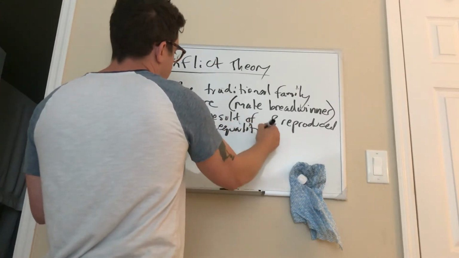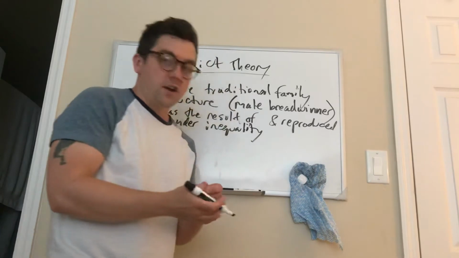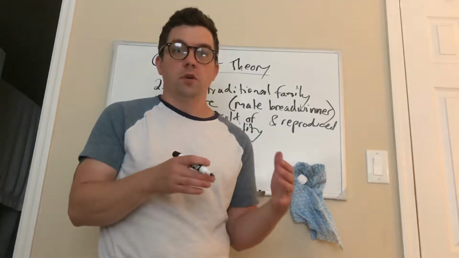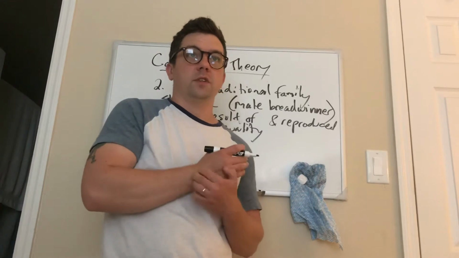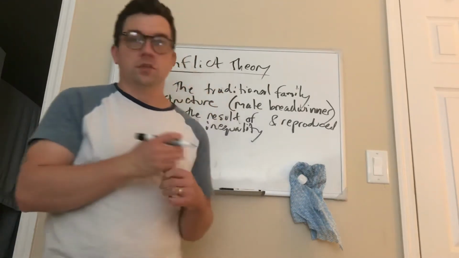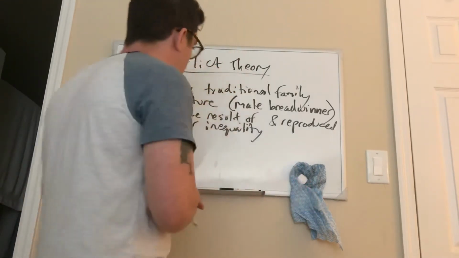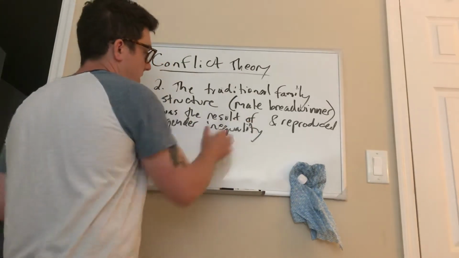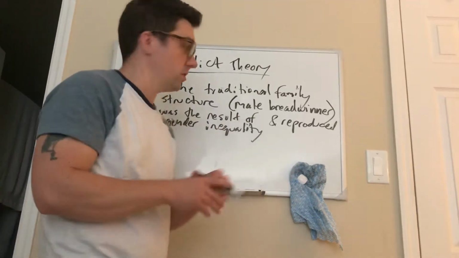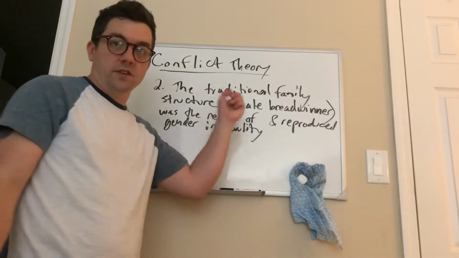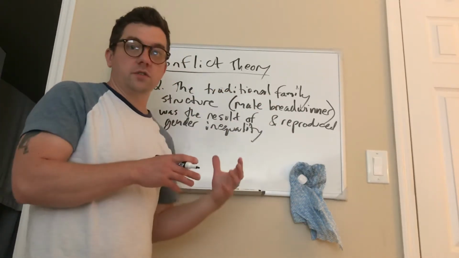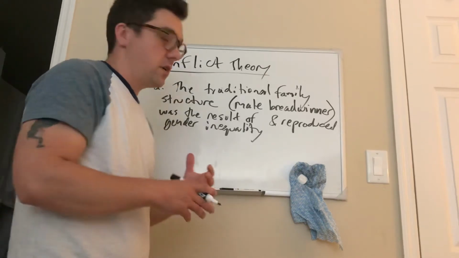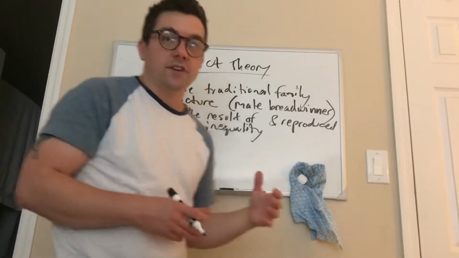So men in society had all the access to employment, to resources, and to power, right? Whether that's prestige or political power, or whatever. Men had all the access to that because their sphere of influence was the outside world. Women had no access to that under this traditional family division of labor because they were homemakers and they didn't have any access to the outside world.